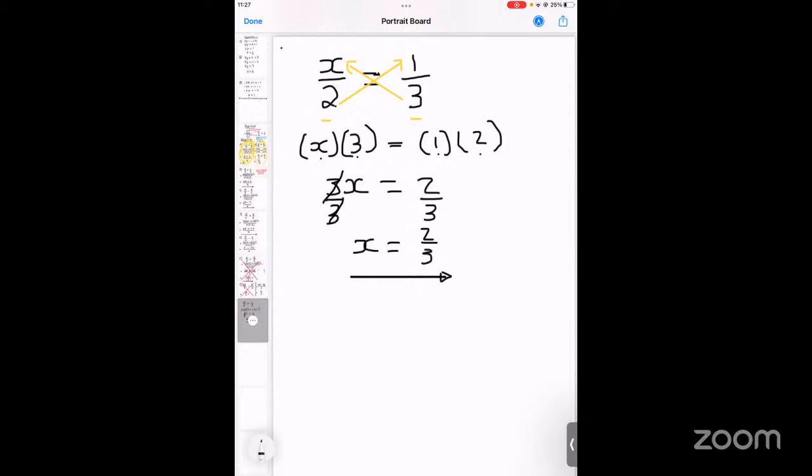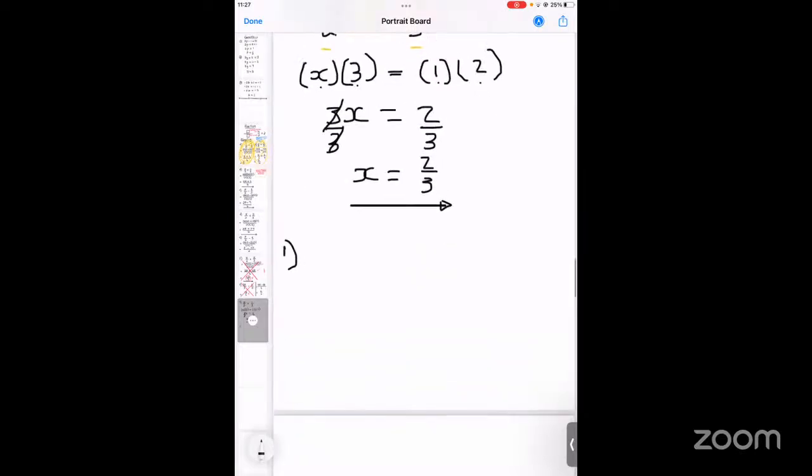This was example H. Okay, let me do example I. On this one, what are we going to do here, Manahil?